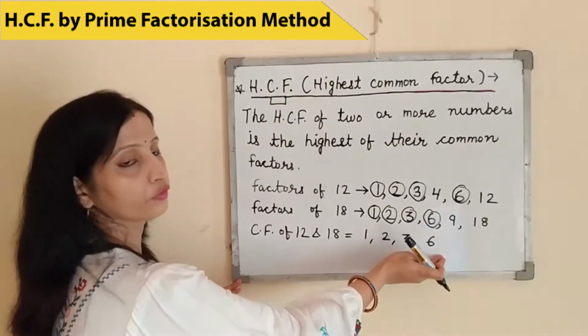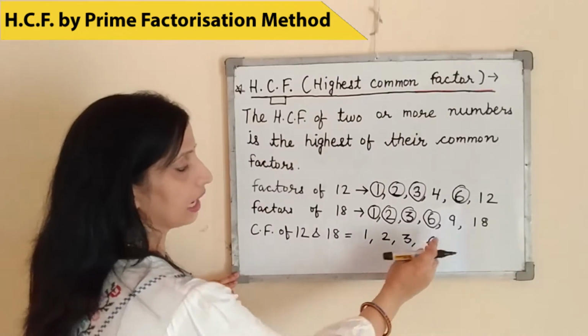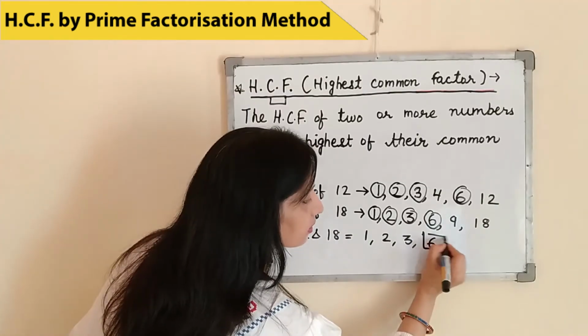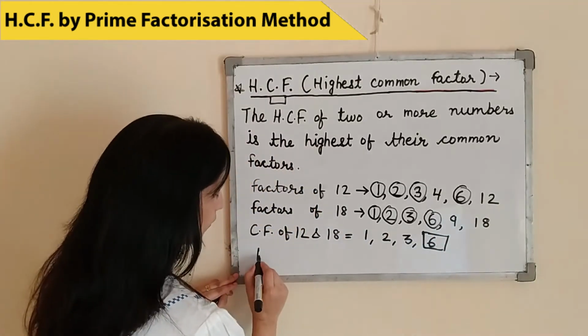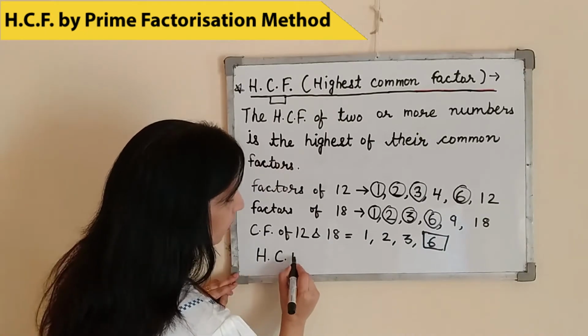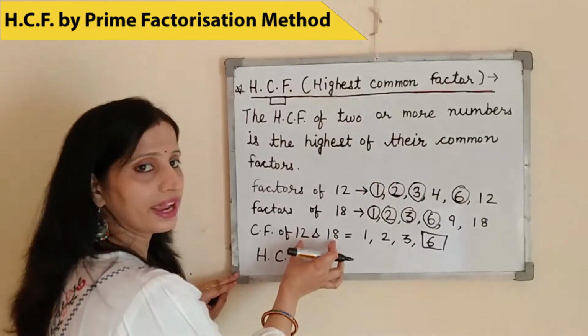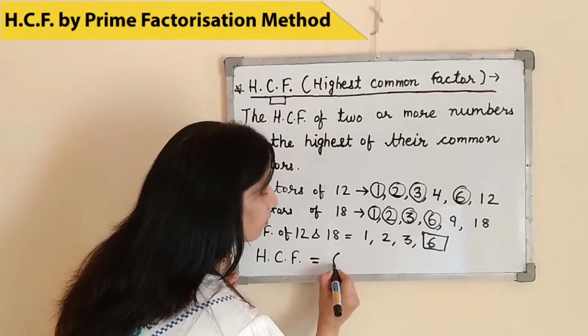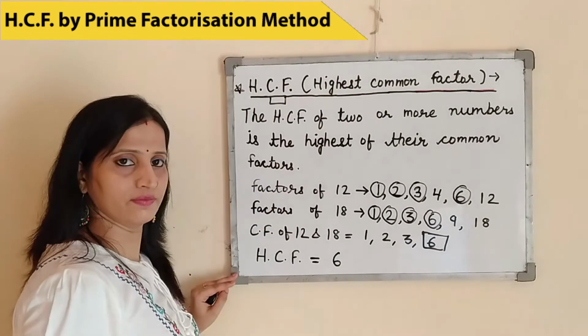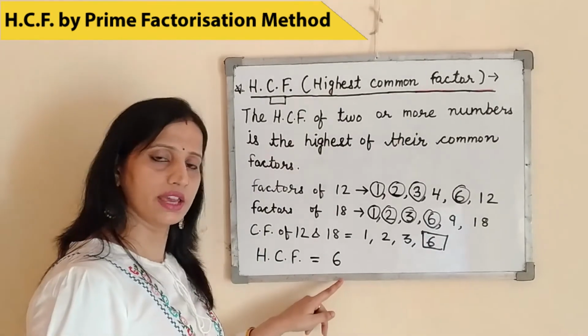And the highest of these common factors is 6. So the SCF, highest common factor, of 12 and 18 will be 6. So this is the way to find out the SCF.